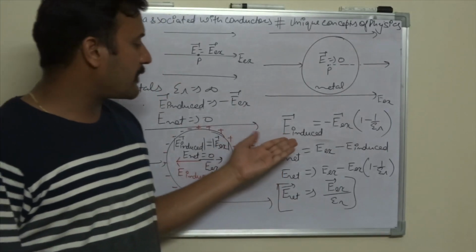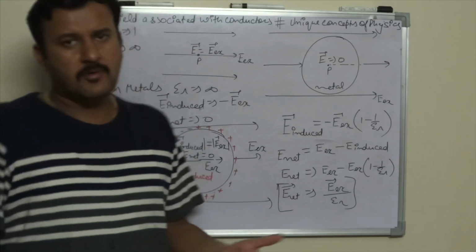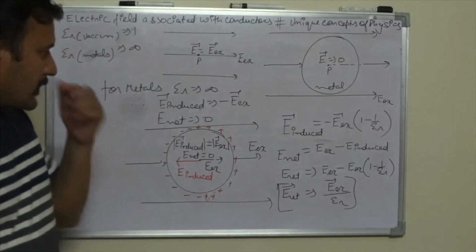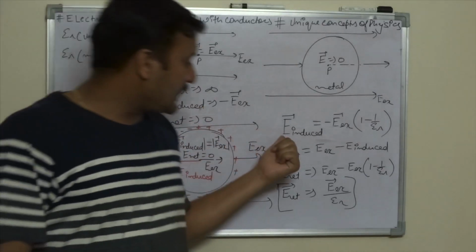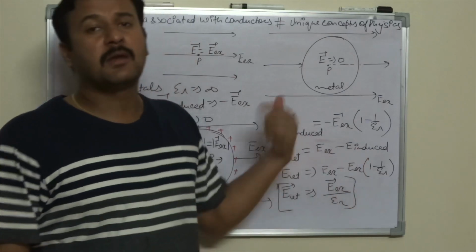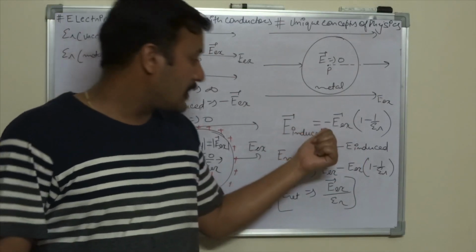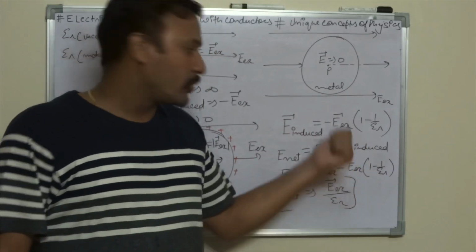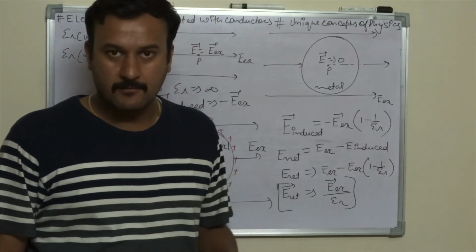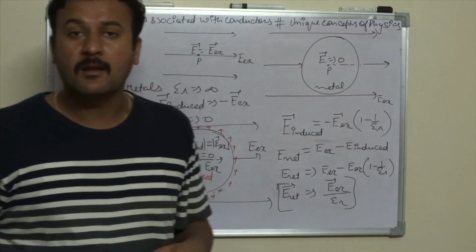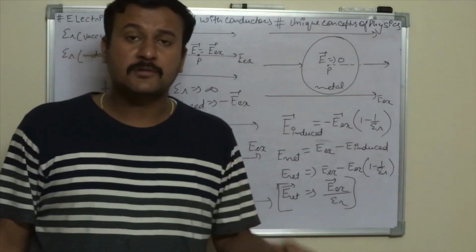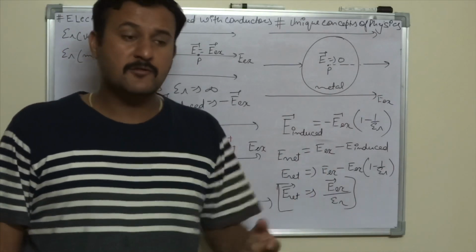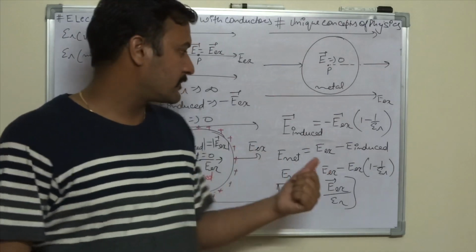We have heard about this formula, or maybe you have not heard about it. The induced electric field in any medium is equal to minus of the external electric field times (1 minus 1 upon epsilon r), where epsilon r is the dielectric constant of the medium in which the field is being induced.